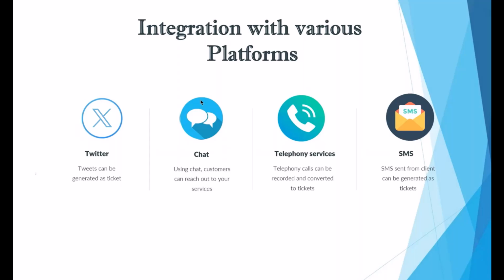All you need to do is integrate it with Faveo using various API options that are available. Similarly, telephone calls can also be converted to tickets. The calls, voice messages, and missed calls from your customers, or any voicemail sent by your customers to your agents, can be fetched as a ticket, and in the ticket you can have all the call recordings.